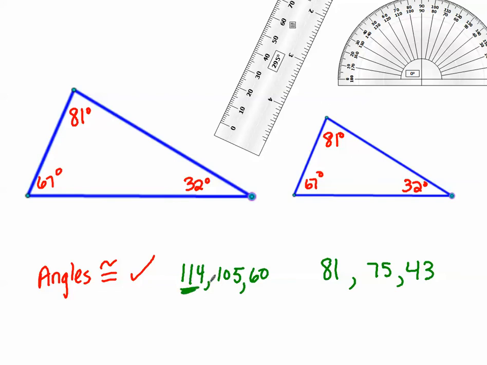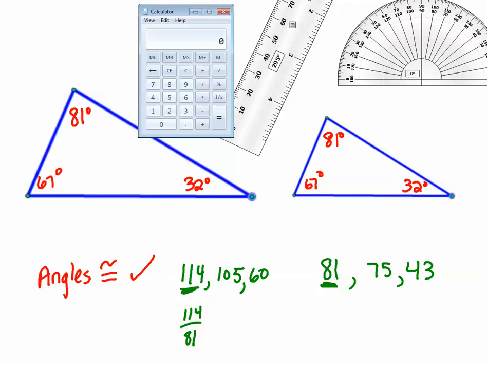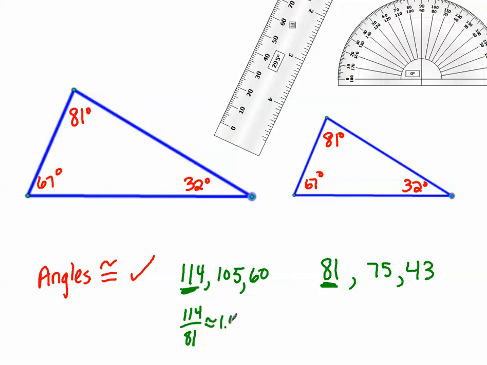So I'm going to take the longest sides, and I'm going to make ratios out of them. 114 over 81. We'll take out our calculator, so we're going to simplify this ratio in the calculator. 114 divided by 81 equals about 1.4 is what we'll write down. That's approximately 1.4.